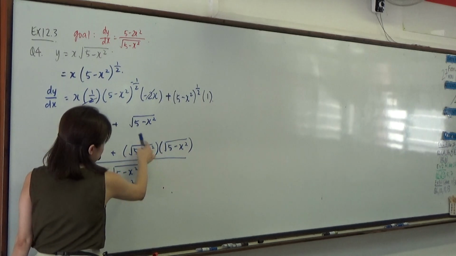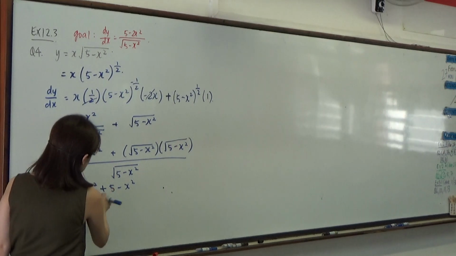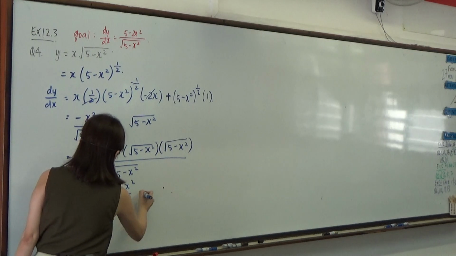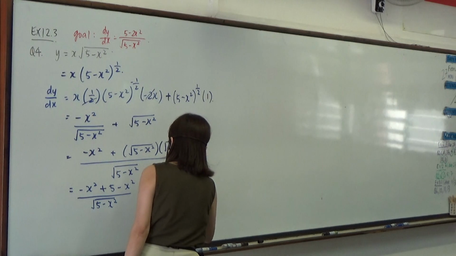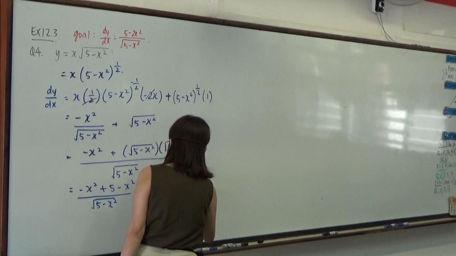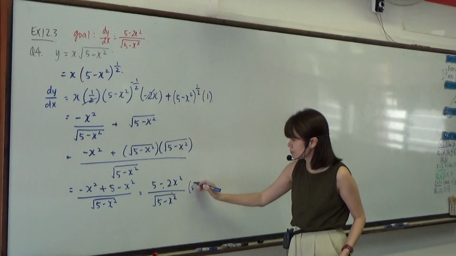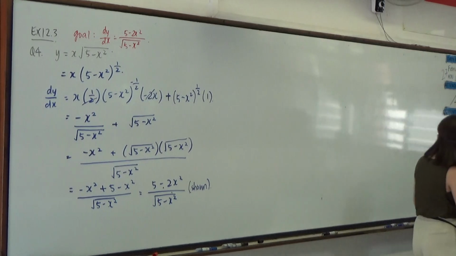Two square roots of the same thing multiplying each other will result in no more square root. And therefore we have 5 minus 2x squared over the square root of 5 minus x squared. So that's how we show it.